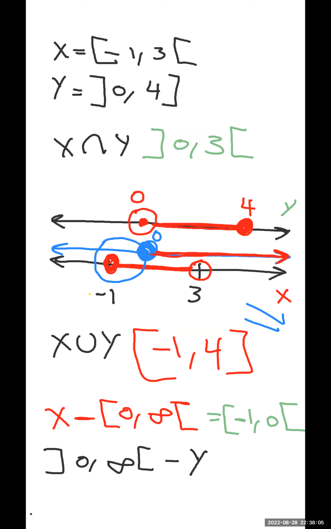So it's -1 and 0, because the difference is here and here. -1 is a difference, of course, because it's not included here. 0 is not a difference, because it's here and here. Difference means in one set only, right?